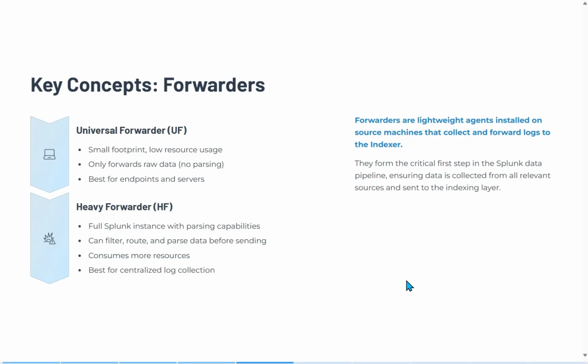The reason I'm using the universal forwarder is that on this machine I don't have a subscription to Splunk, so I'm only using the free version. In the free version, you are only allowed to use the universal forwarder, and you cannot index more than 500 MB a day.